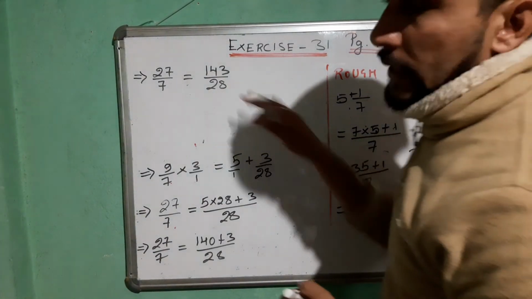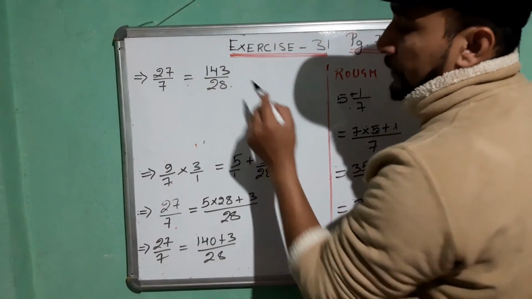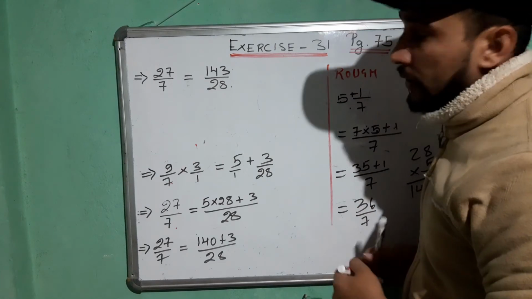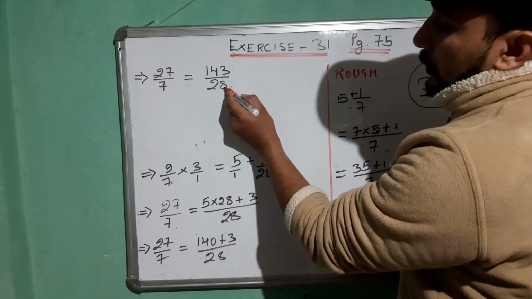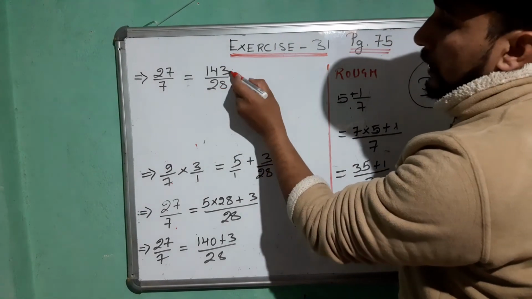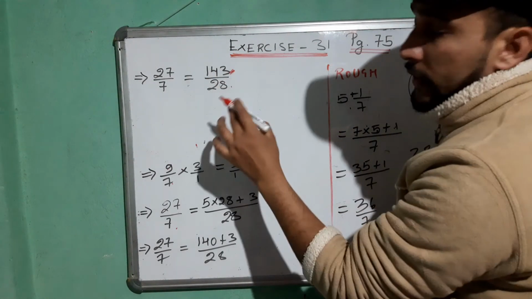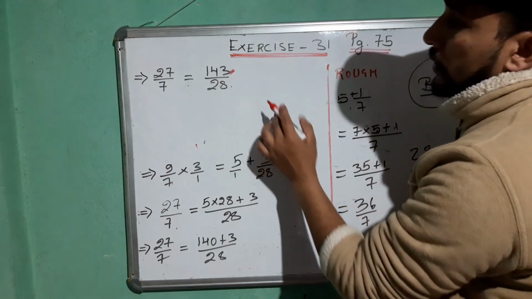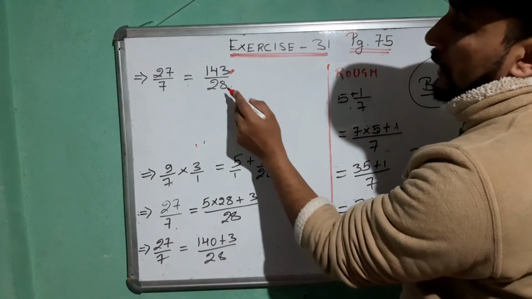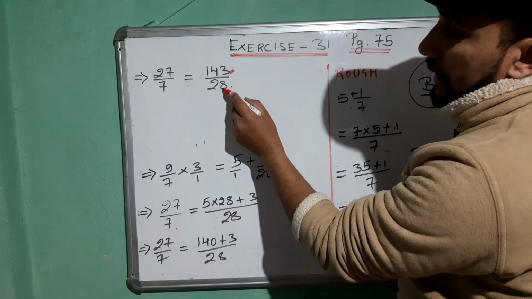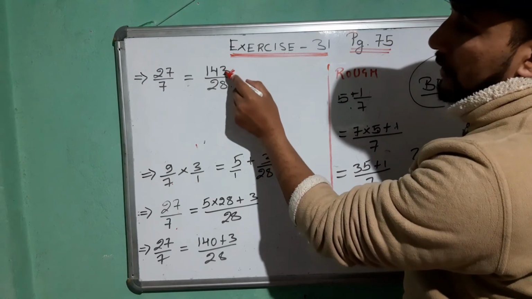So we got this. Now check this and this, whether they have common factors or not. 28 you can divide by 2, but this you cannot divide by 2. With 3 you cannot cancel both the numbers. With 4 you can cancel this, 4 7s are 28, but you cannot cancel this.